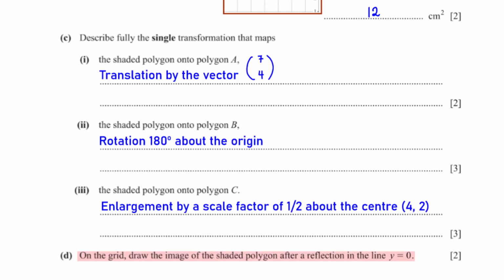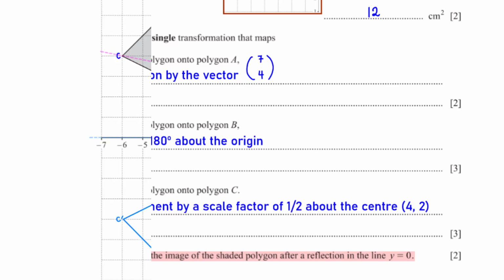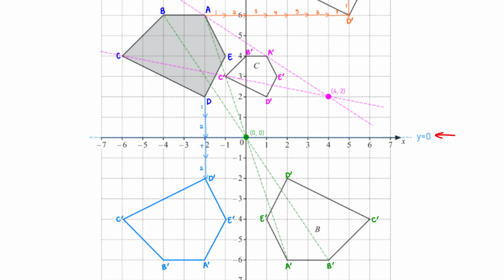On the grid, draw the image of the shaded polygon after a reflection in the line y equals 0. The line y equals 0 is the x-axis. So now we need to reflect the vertices of the shaded polygon in the x-axis.